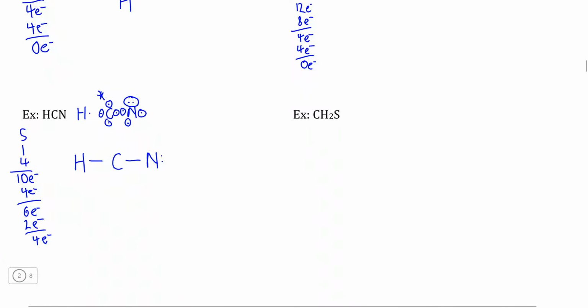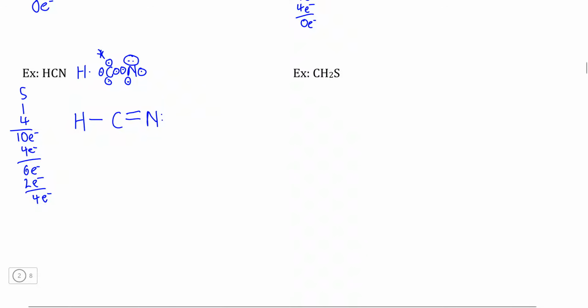The problem is, if we go to add a double bond with HCN, we add in 1 additional bond. We can't add a double bond with hydrogen because, remember, hydrogen only has 2 electrons in the first shell, meaning that it can only make 1 bond. So after we add in the double bond, we still have 2 electrons left over.